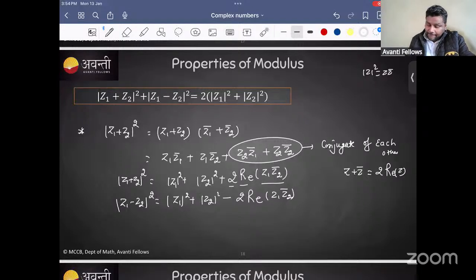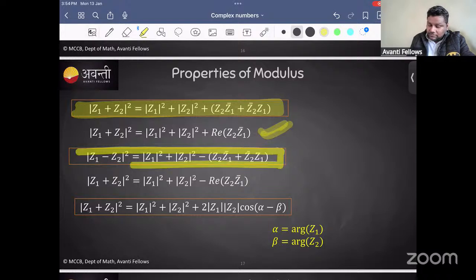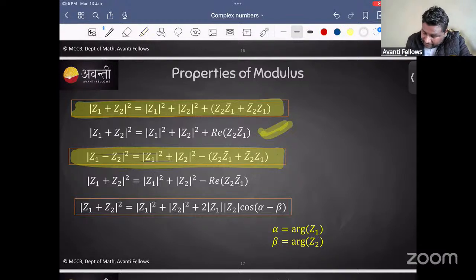Got it? So the first property is this, written in the form of the real part of z1 z2 bar or z2 z1 bar. Then z1 minus z2 mod square is this. Some mistake is written here; this is 2 times the real part of z2 z1 bar.